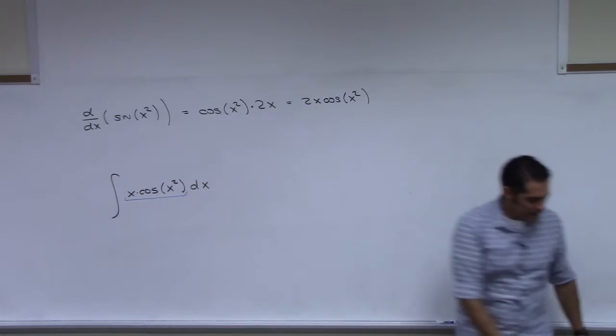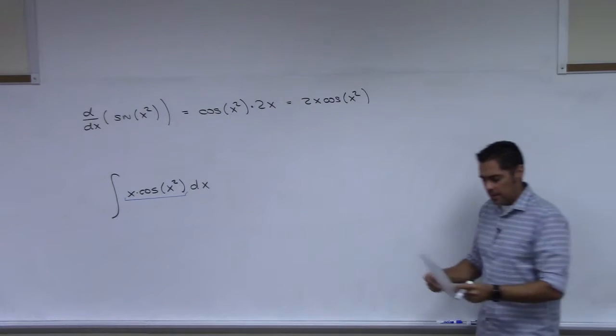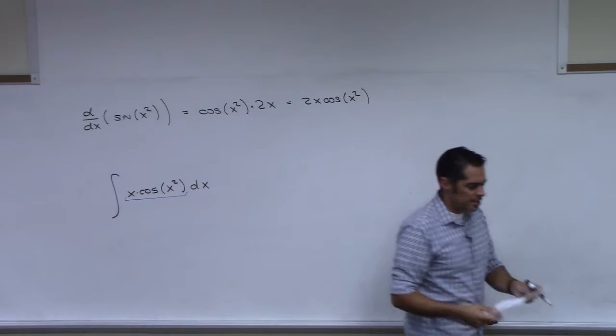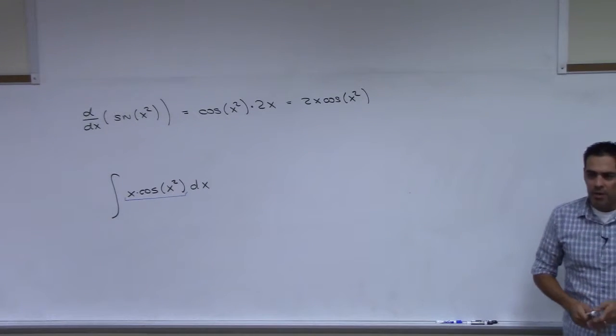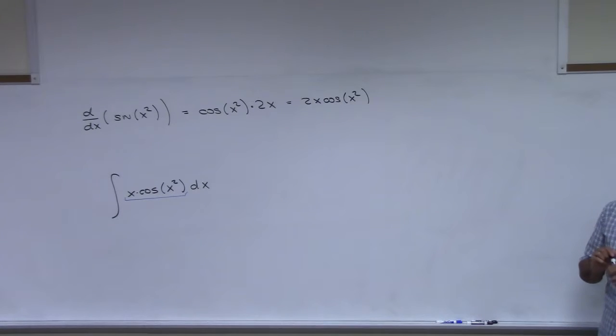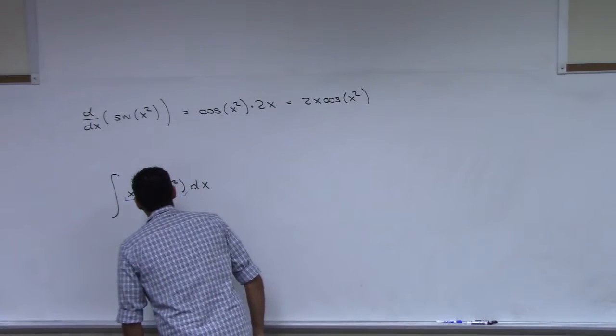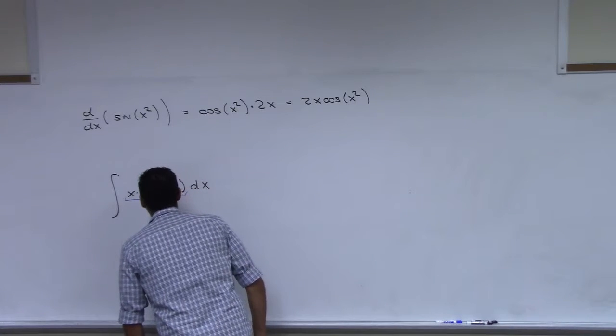So what's the technique? Because today is about a technique, and I have it 5.5.5. I want you to look at that. The technique says that we are going to look at the integrand, right?